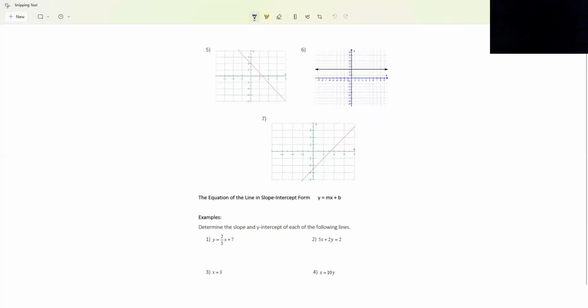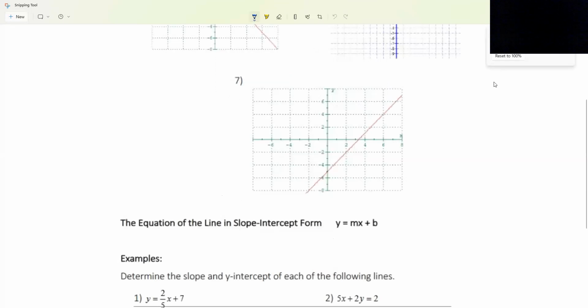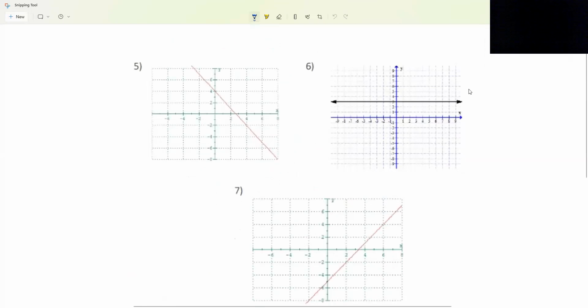So let's go and open up this thing. And this is what you're going to get. So instead of using the equation, we can just figure out what the slope is right off the graph. The only thing is you need to find 2 points that you can really discern.